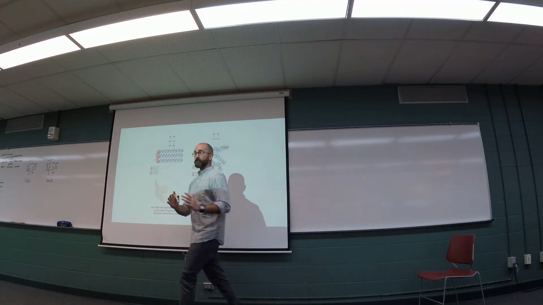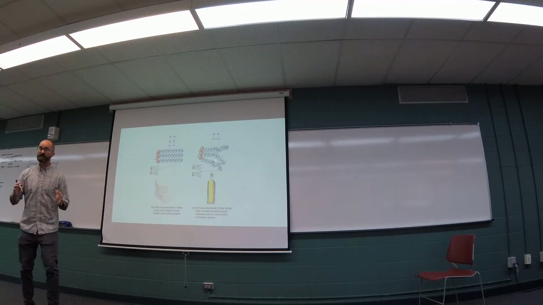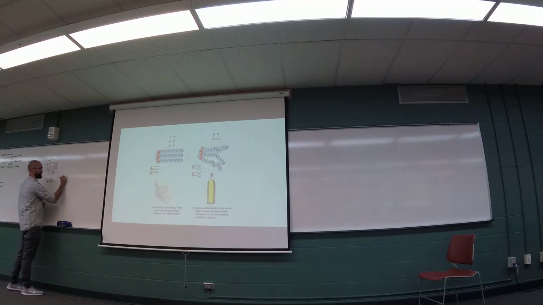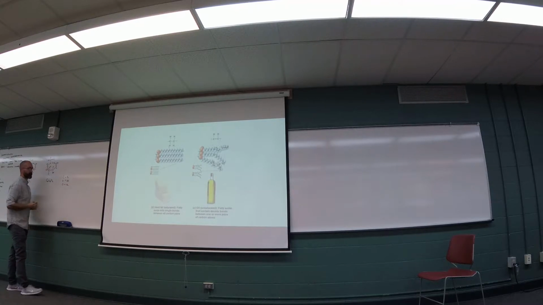Before dehydration synthesis, the sum total across these 2 molecules is C equals 12, H equals 24, O equals 12. What's it going to be after dehydration synthesis?